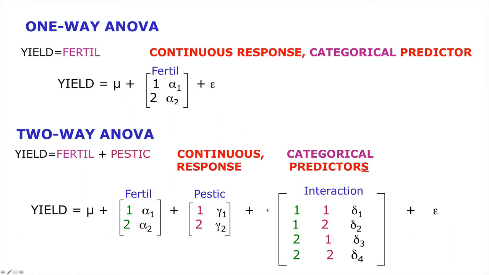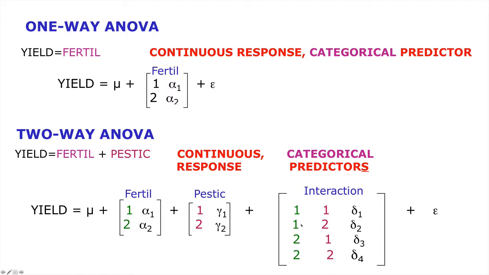But then we can also add an interaction term for the complex way in which the individual categorical predictors might interact to influence that response. Let's have a look at this interaction term here within the general linear model framework. What it says is that for this particular combination of fertilizer and pesticide, we should have a certain adjustment delta.